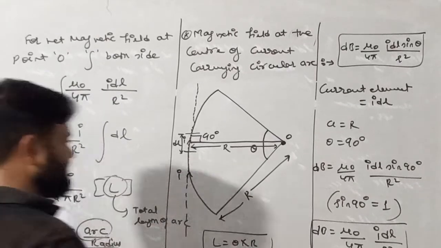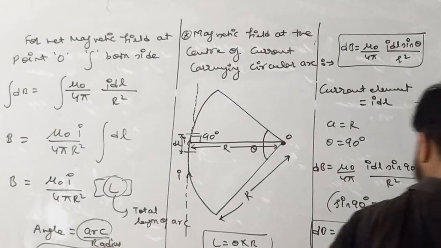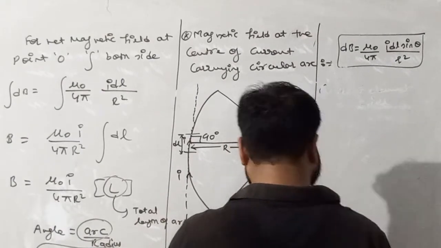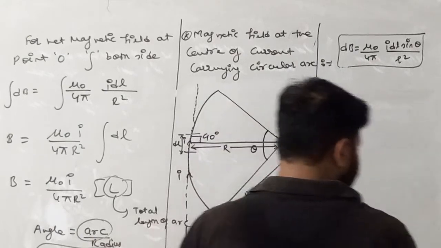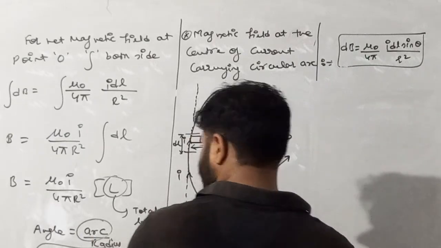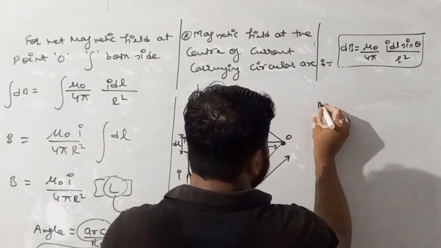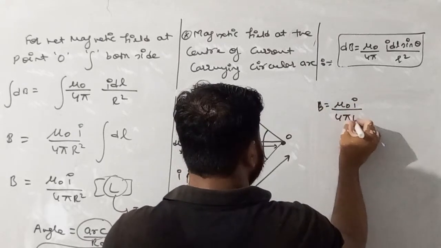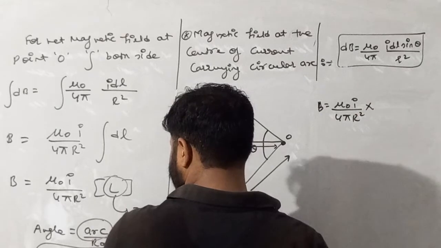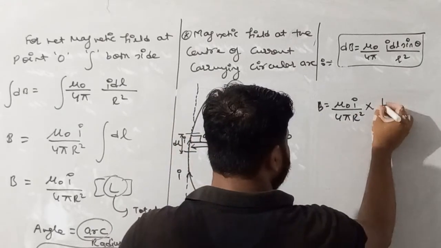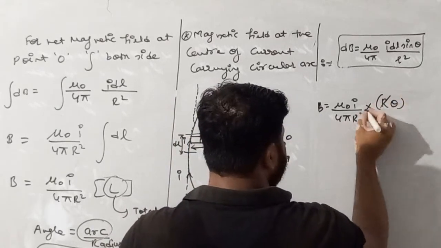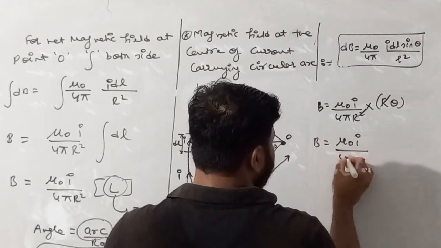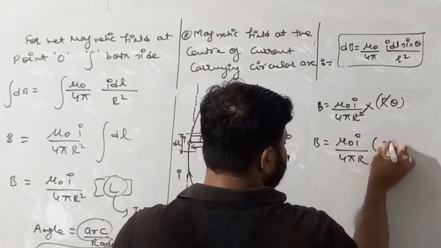So we can write B is equal to mu naught I by 4 pi r square into theta, and one r gets cancelled. So B is equal to mu naught I by 4 pi r into theta.